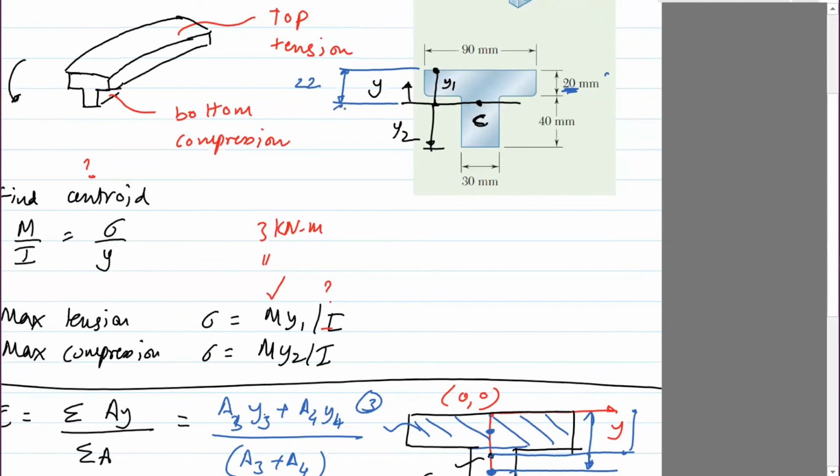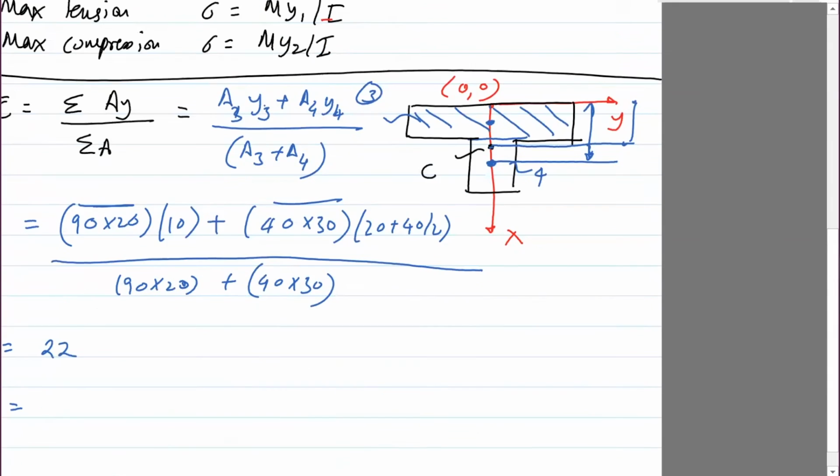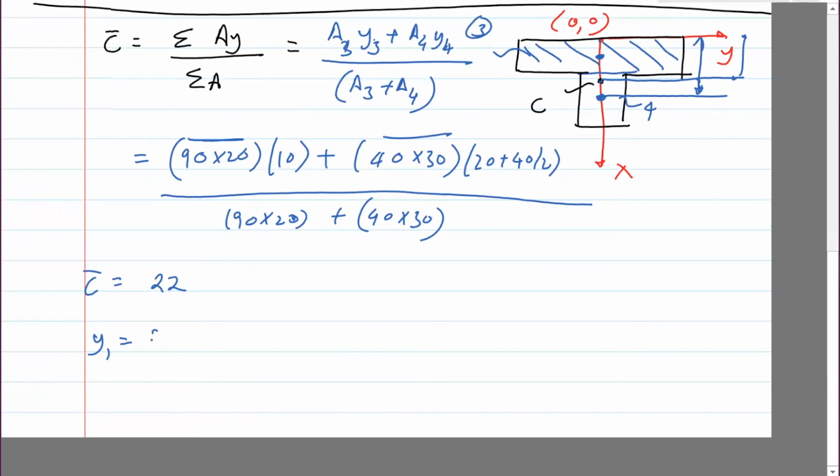And then Y2 is this, is going to be 40 minus 22, which is going to be 18. That's right. 38, my bad, 38. So Y1 is 22, Y2 is 38, and then I need to find I.